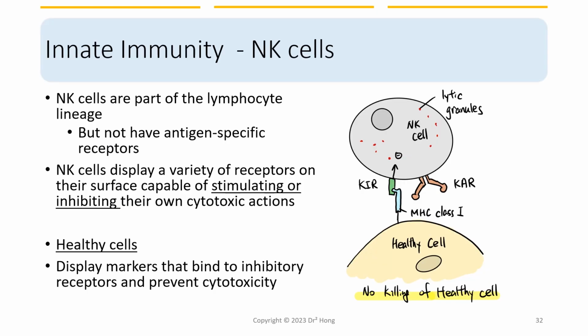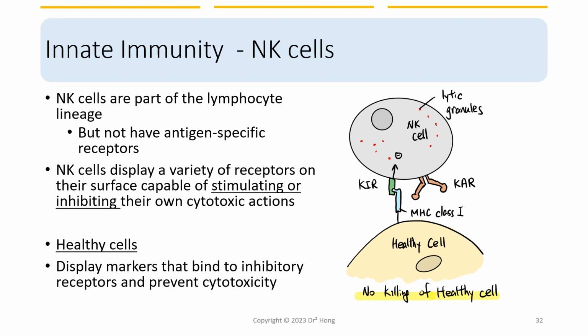Here, let's remind ourselves, NK cells are part of the lymphocyte lineage, but they do not have antigen-specific receptors. Now, NK cells do display a variety of receptors on their surface that are capable of stimulating or inhibiting their own cytotoxic actions.